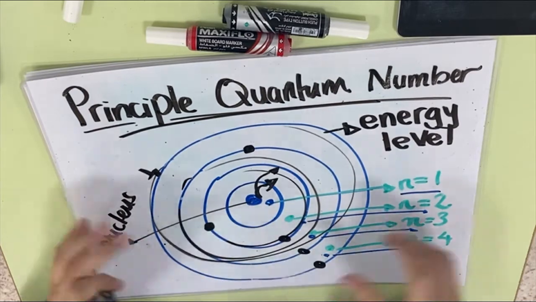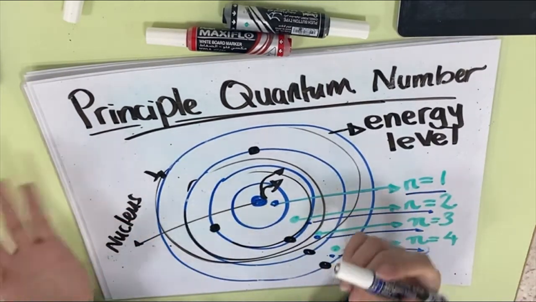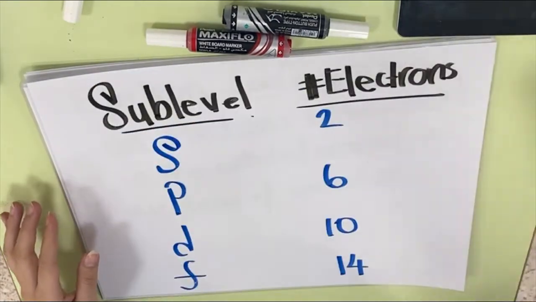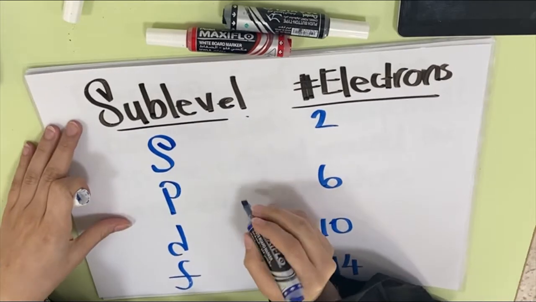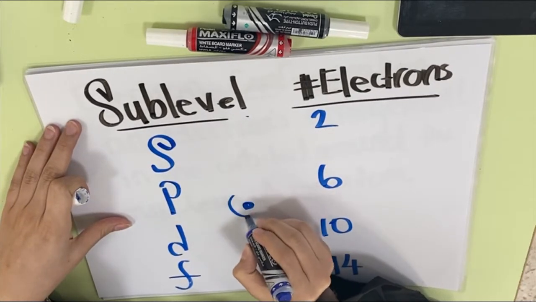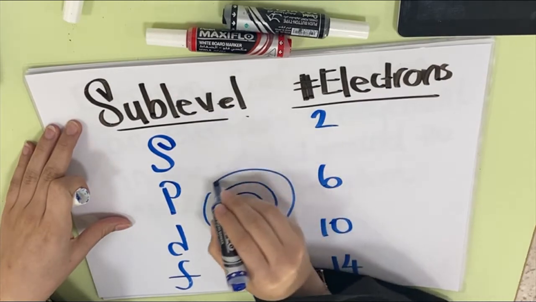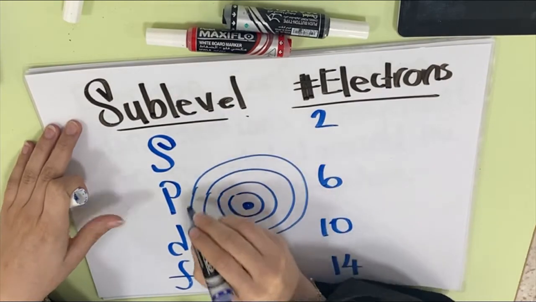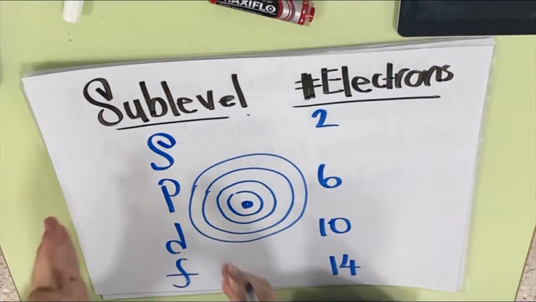In each energy level, they are technically separated into sublevels. Okay? These sublevels are mentioned here. So think of it as the nucleus, sublevel 1, sublevel 2, sublevel 3, and sublevel 4. There are 4 main sublevels, and this is the list.